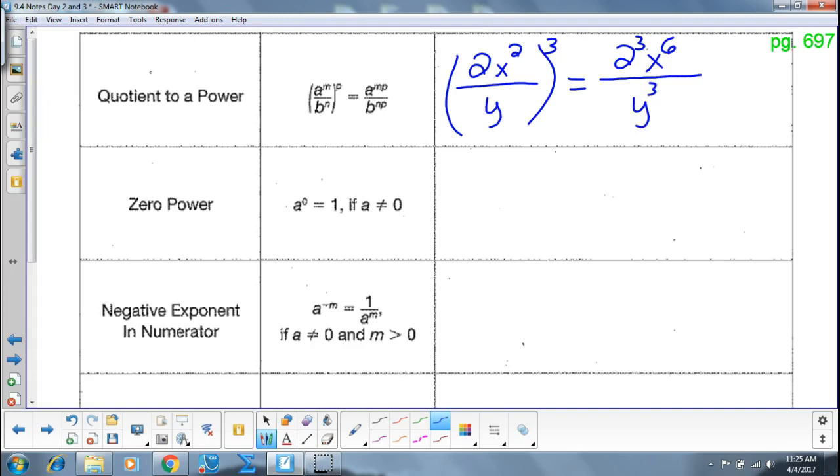That exponent goes in to all of the exponents inside what it's controlling. Zero power says anything to the zero power is 1. Okay?